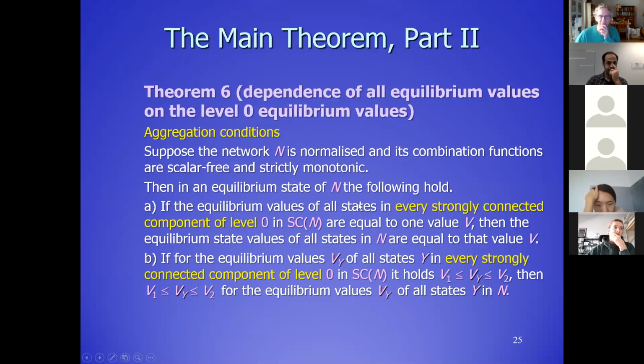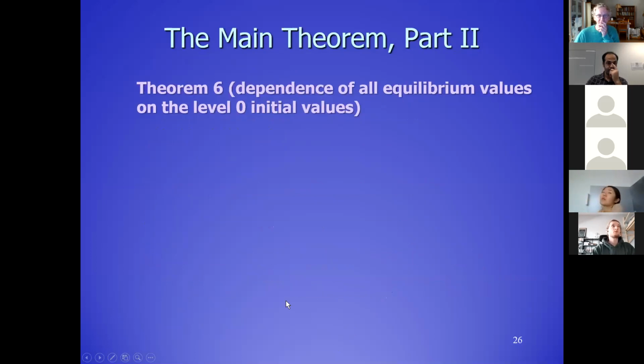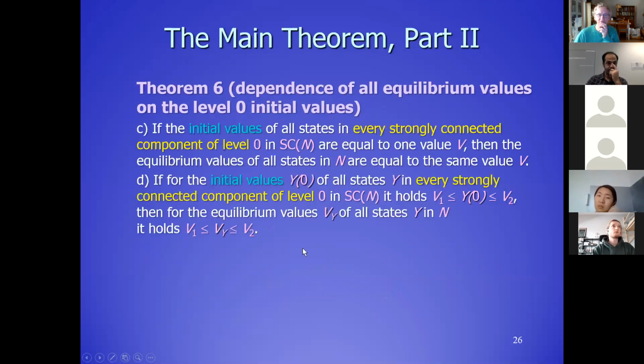So then you have at once how all states in the network relate to the level 0 states. Then we have the relation to the initial values. Here you can see that the initial values have these types of effect, and then you can also apply this to check your model.